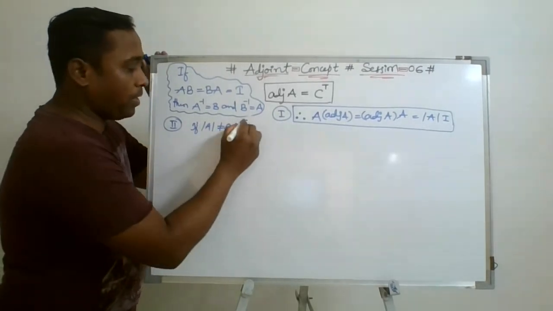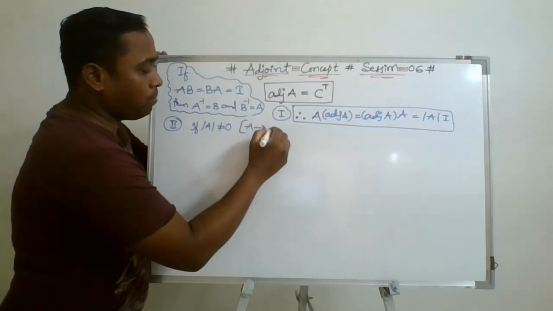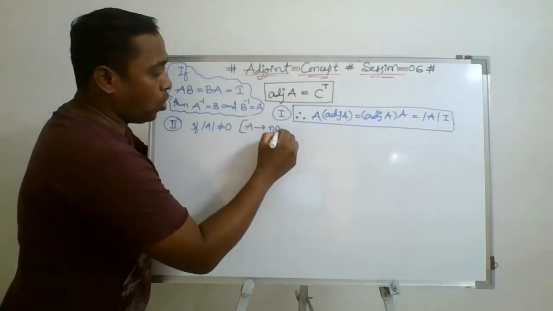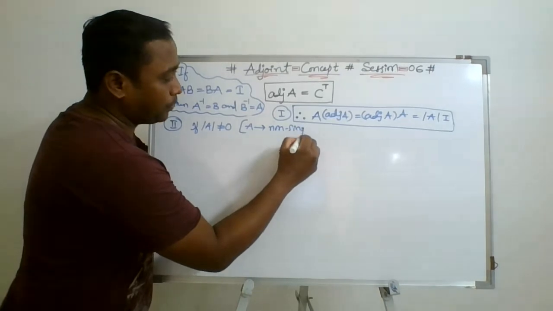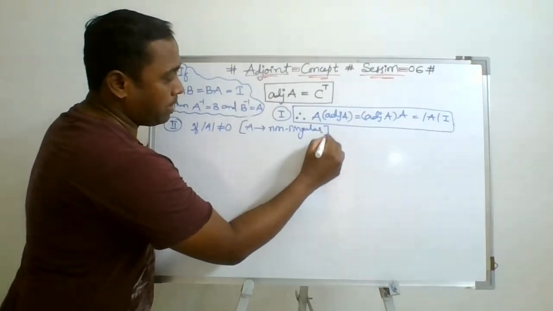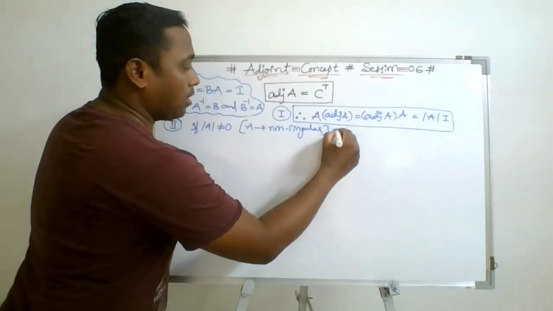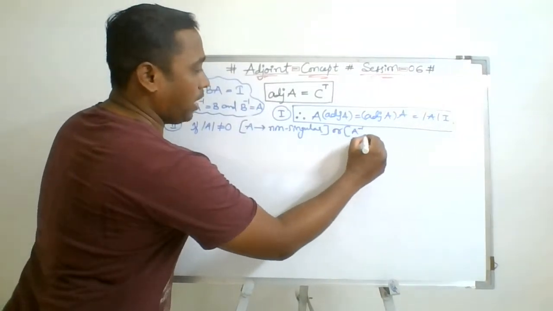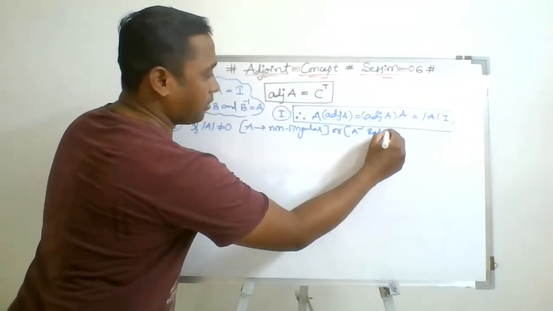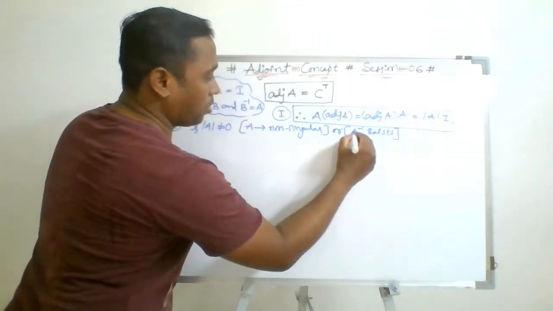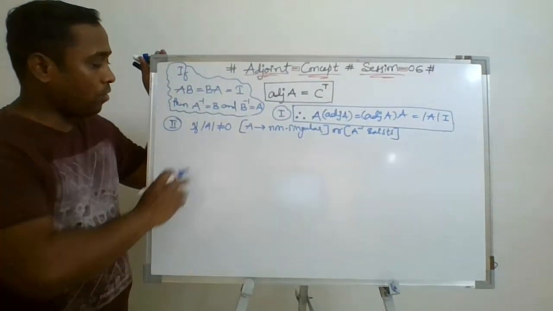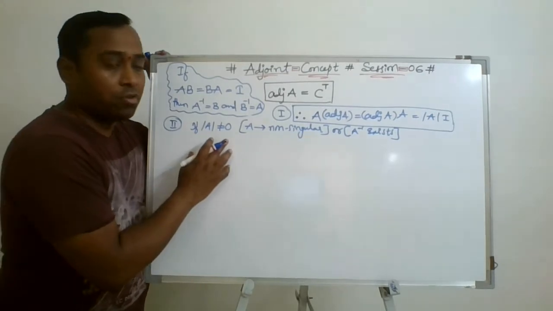Not equal to 0 means I am considering that the square matrix A is non-singular. Non-singular square matrix means one whose inverse exists. The other way to say it is that A inverse exists. So this is the condition that det A is not equal to 0.